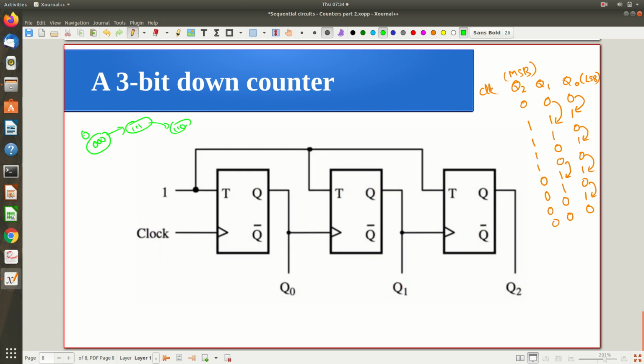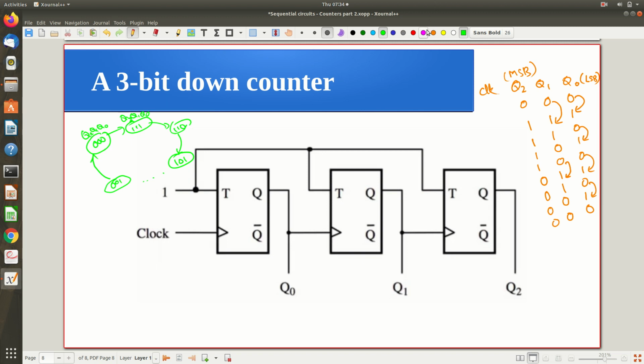Then from here it is changing to 1 0 1, and finally it will reach 0 0 1 and back to this. In between, transient states will be there, because we didn't analyze that way. You can try out how many transient states you will get in this case. That is because of the delay. Hope you get the idea that you can work out now.